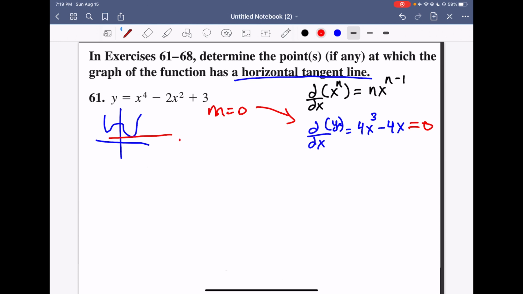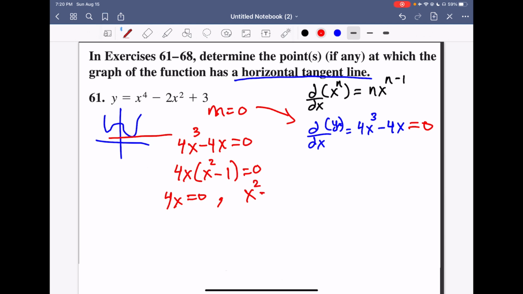So we have 4x cubed minus 4x is equal to 0. We can factor out a 4x from both sides. We have x squared minus 1 equal to 0. We can come up with two different factors. We have 4x is equal to 0, and we have x squared minus 1 is equal to 0.